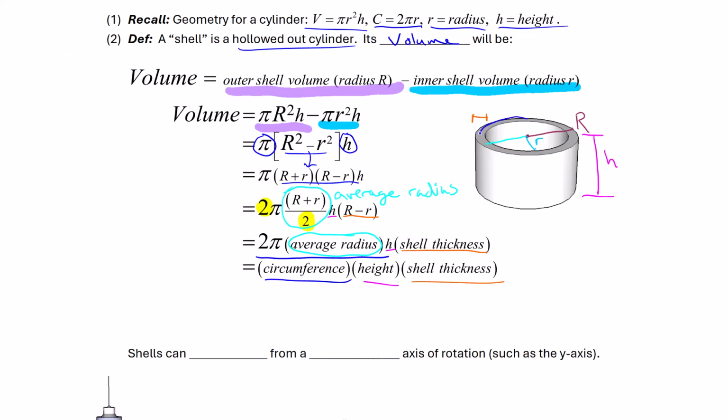I'll use that same blue color. That's just wrapping all the way around the cylinder, but we're using the average radius for that, so it's actually going right through the middle. It's too hard to draw, but it's a circumference going right through the middle of the thickness of the shell.